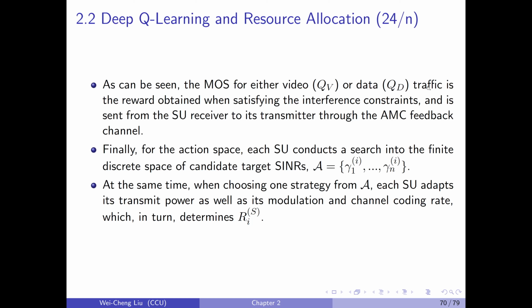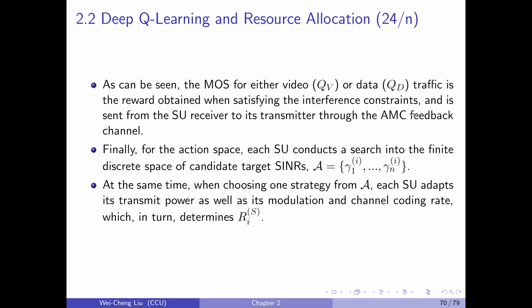Traffic is the reward obtained when satisfying the interference constraints. That is, SINR should be greater than or equal to the threshold, and is sent from the secondary user receiver to its transmitter through the AMC, that is the adaptive modulation and coding feedback channel.